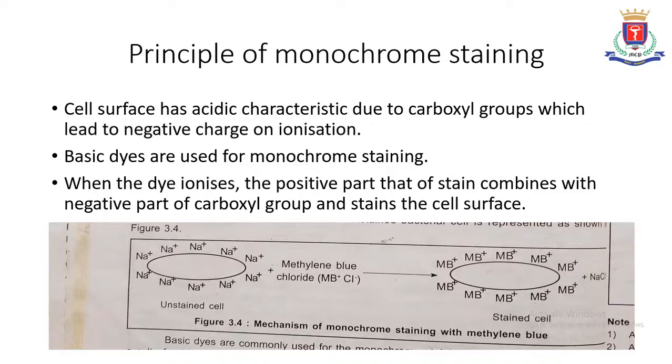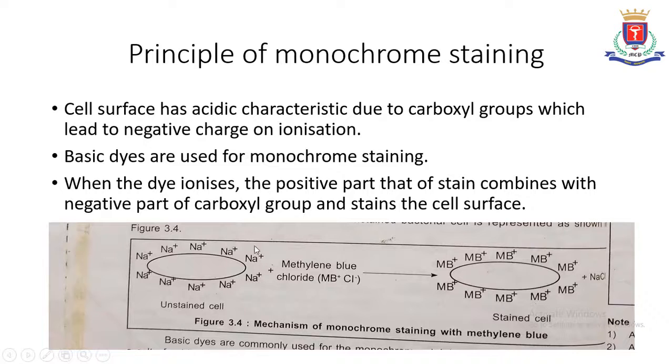The carboxyl groups are oriented outwards and when they ionize, COO minus, that is a negative charge, is developed on the cell surface. The basic dyes which we use in monochrome staining carry a positive charge. So when the dye ionizes, the positive part of the stain combines with the negative charge of the carboxyl group and thus stains the cell surface.